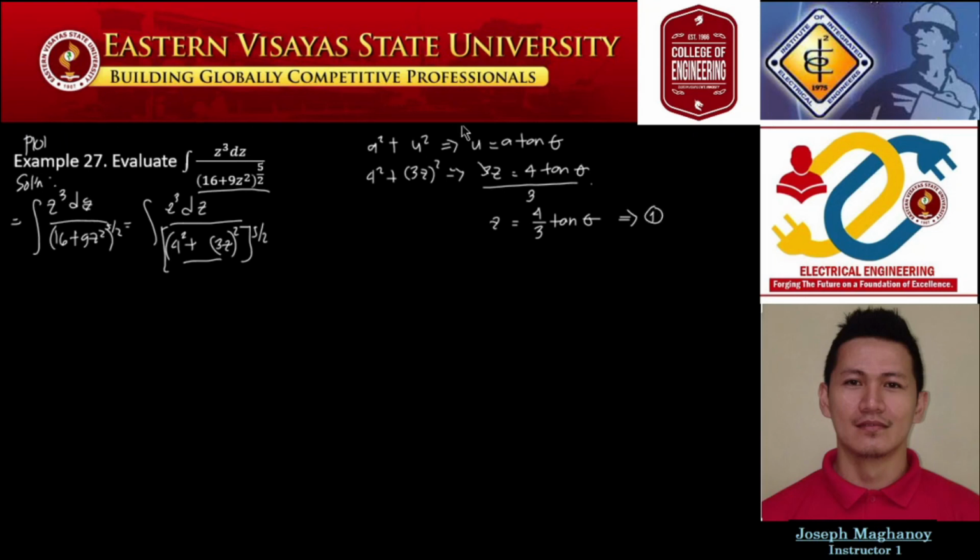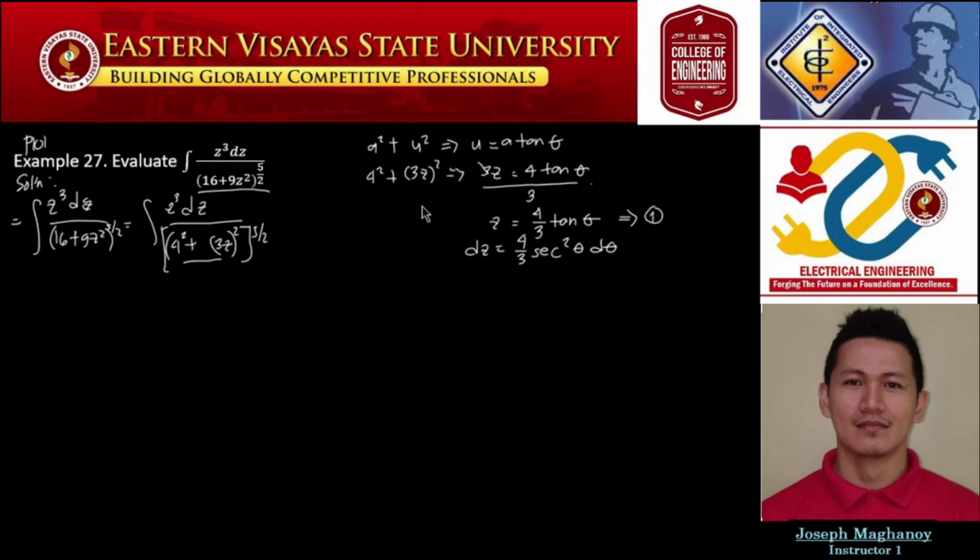And of course, we need to get the first derivative of z. So dz is equal to the derivative of 4/3 tangent theta, that is 4/3 secant squared theta d theta.